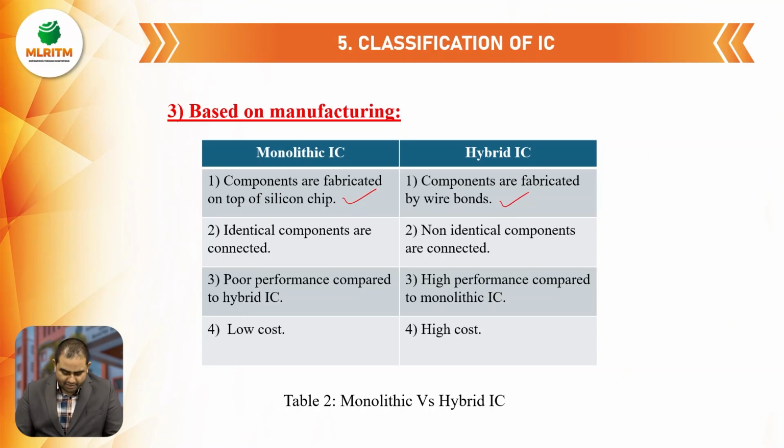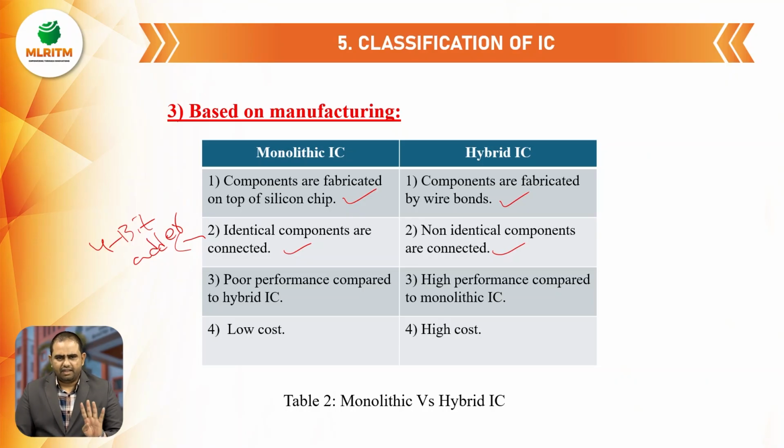Coming to the second point, in monolithic IC identical components are connected. In hybrid IC, non-identical components are connected. We will see what that means. If you consider a 4-bit adder, for example, let us consider a full adder.